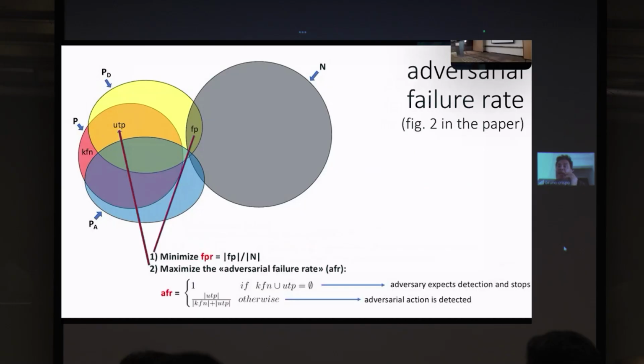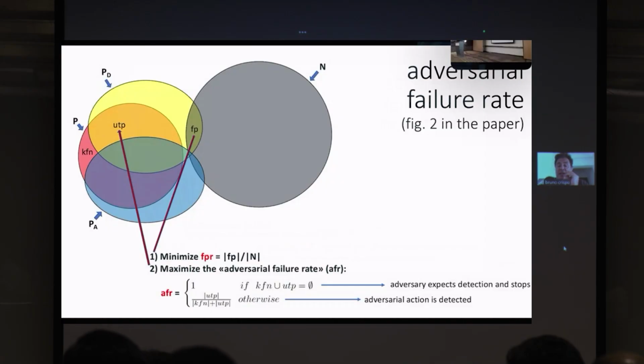Then we can compute, for each attacker and for each classifier, what the adversarial failure rate is. So what is the rate of success or failure of the attacker in selecting the adversarial example that works.